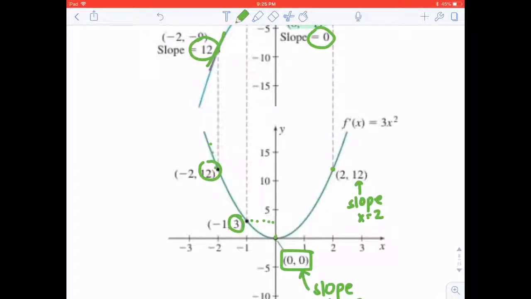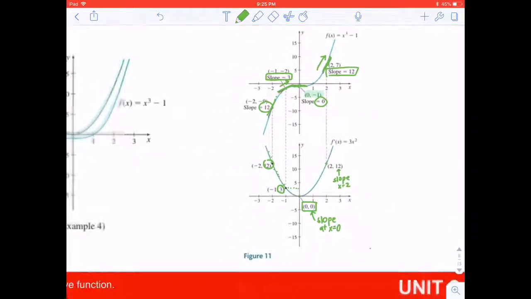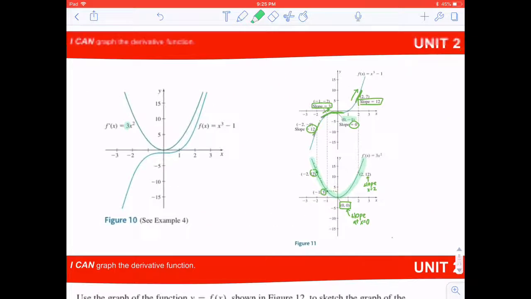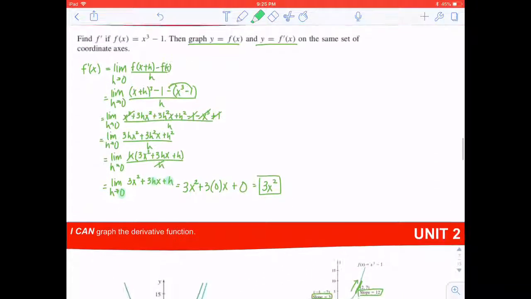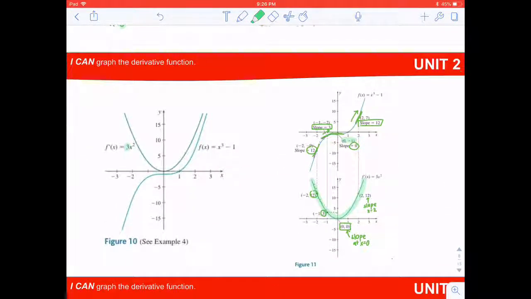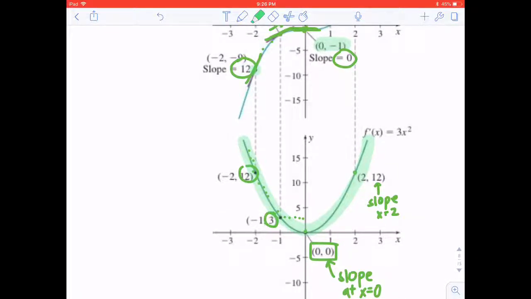So all of these points, the y values of these points, represent the slopes at those points here. And together, they all create this shape, which we call the derivative function, and which we can figure out algebraically from this method that we have up here. So 3x squared is that shape that is created once we take the y values, or the slopes here, and create them into y values down here.